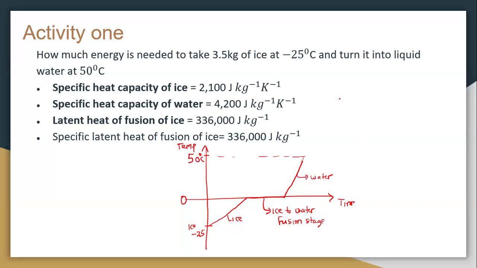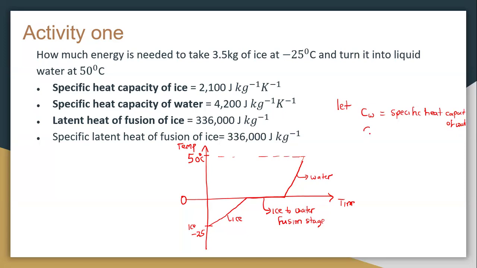So we are going to let, when we are dealing with these calculations, let CW stand for what we call specific heat capacity of water. Always it is good practice to define what you are using.